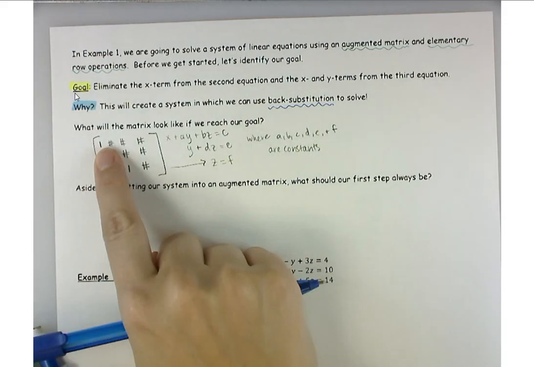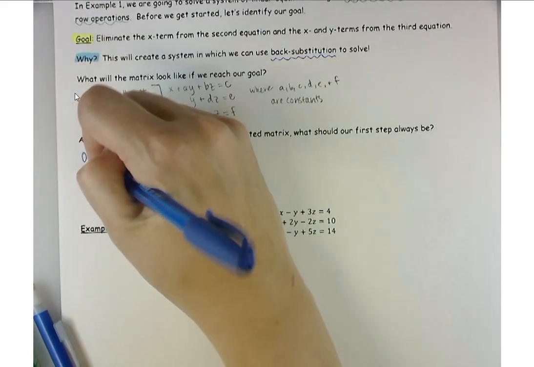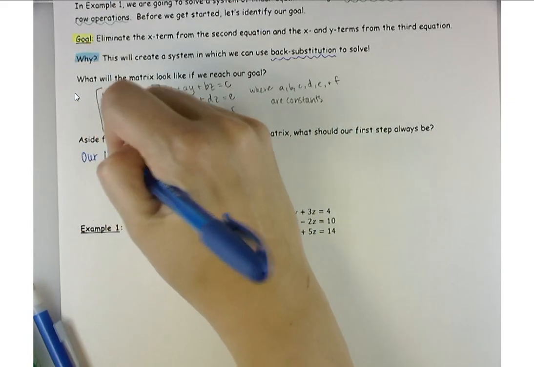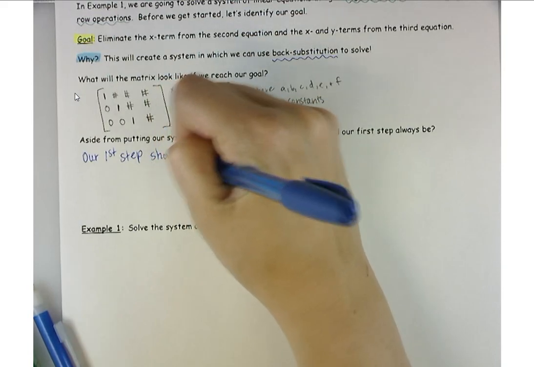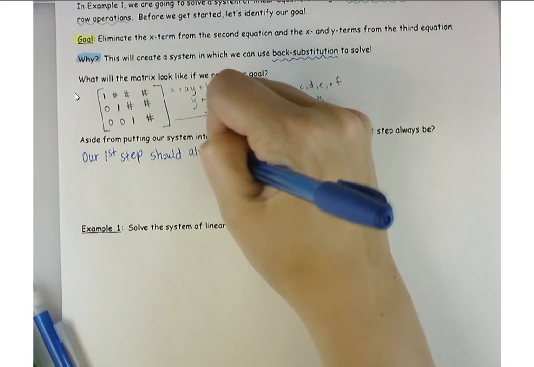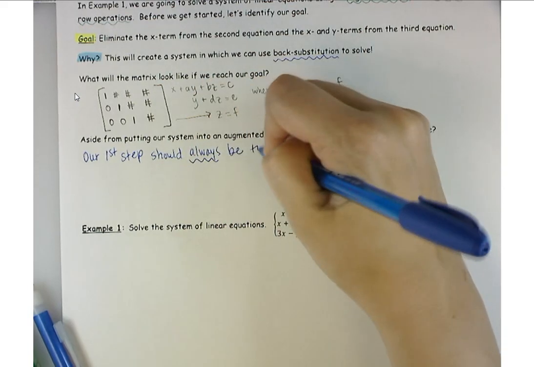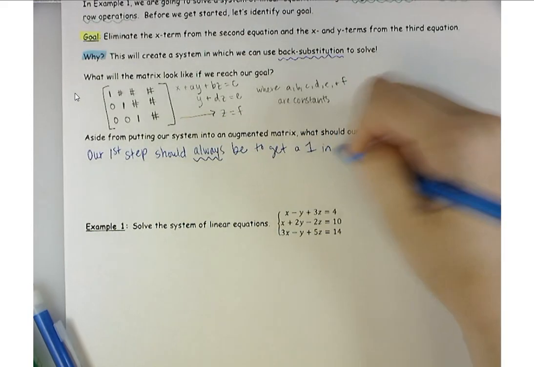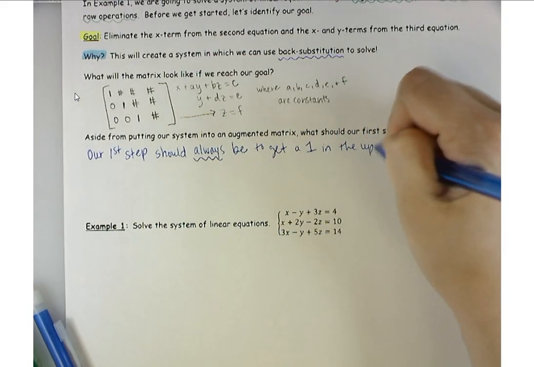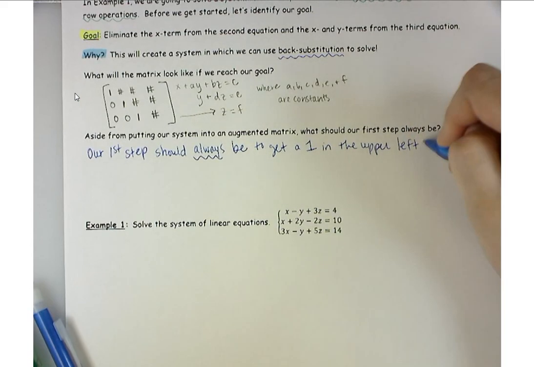It's always this 1 that you want to get first. So our first step should always be to get a 1 in the upper left-hand corner.